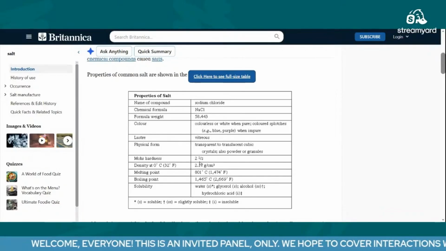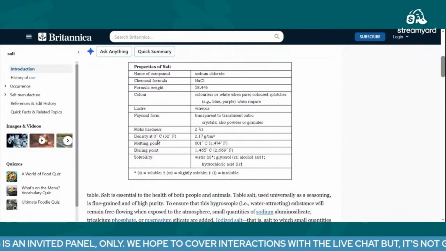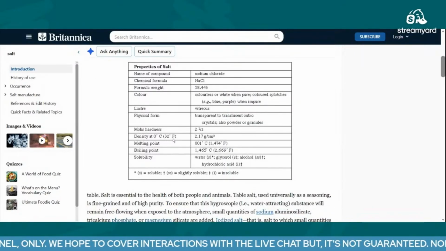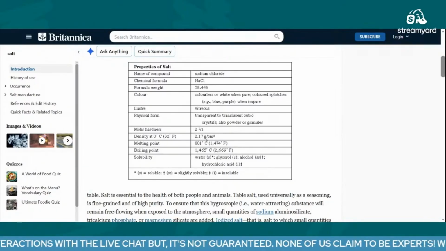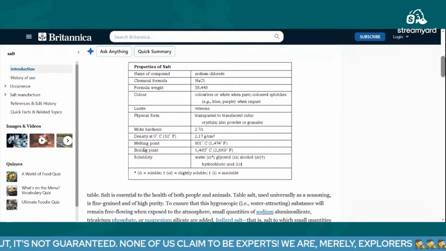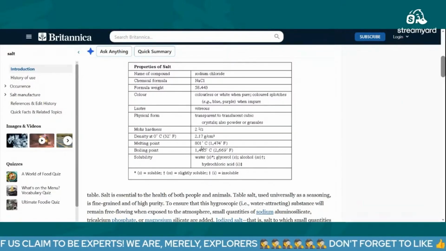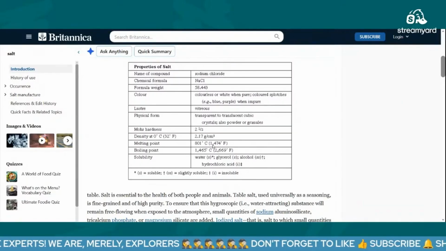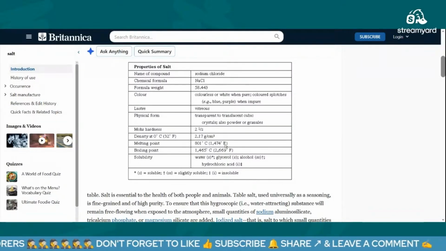Mohs hardness, 2.5. Density at 0 degrees Celsius, which is 32 degrees Fahrenheit, 2.17 grams per centimeter cubed. Melting point, 801 degrees Celsius, which is 1,474 degrees Fahrenheit.